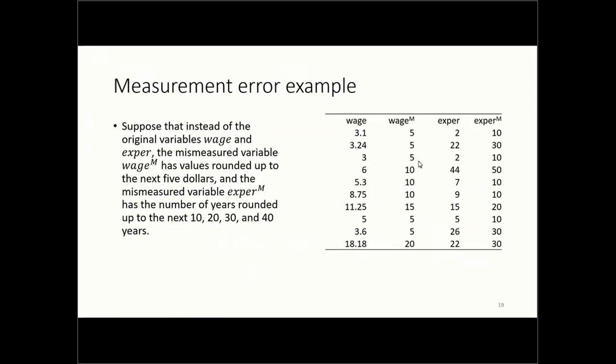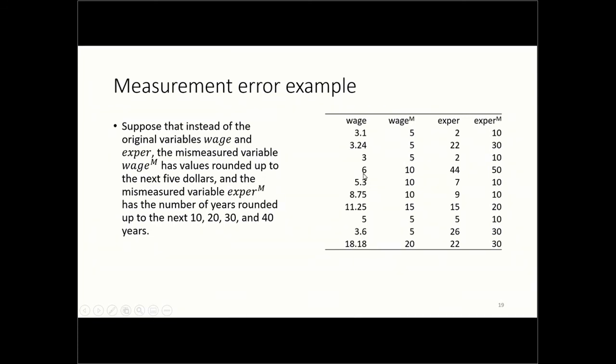So let me give you an example. This was the original data that we have of wages and then experience. But suppose that instead of the original variable here, we actually have mismeasured variables, where wage is rounded up to the next $5. So what I did here is I picked every value here and rounded it up to the next $5.